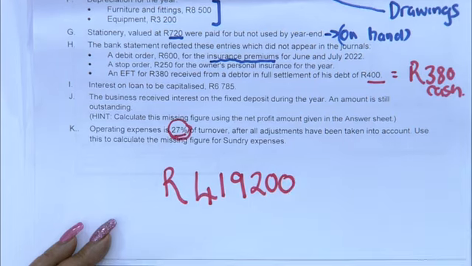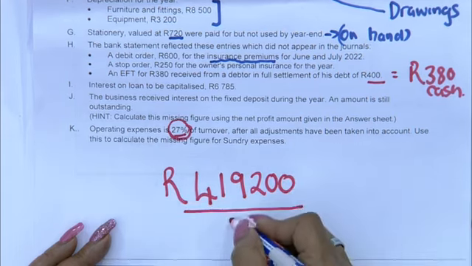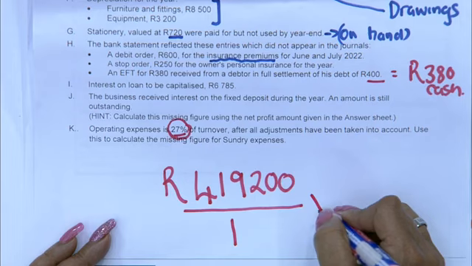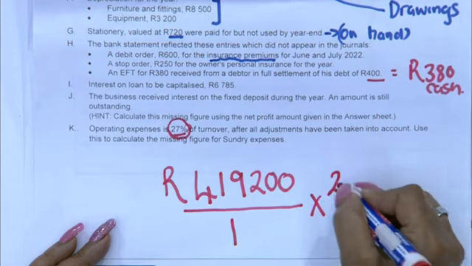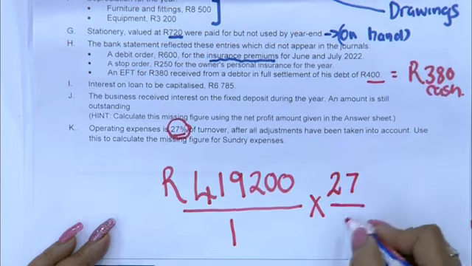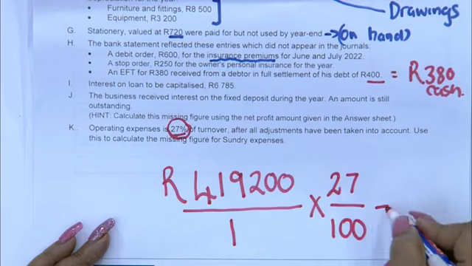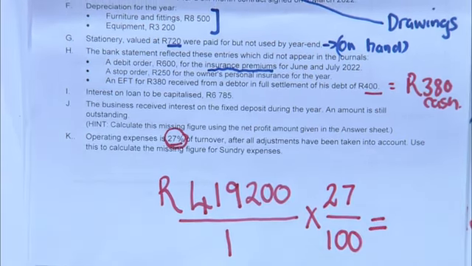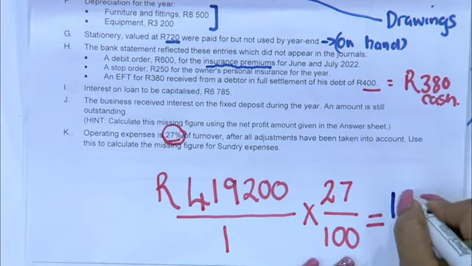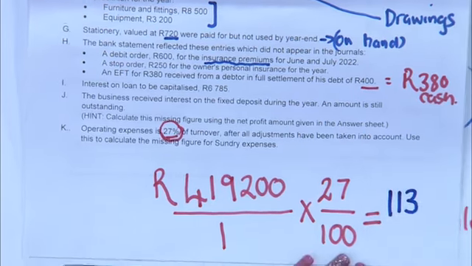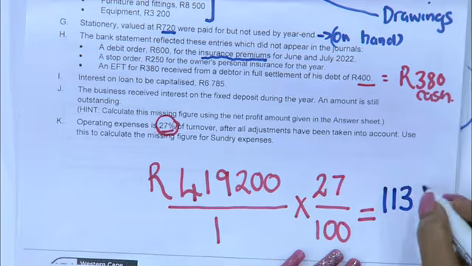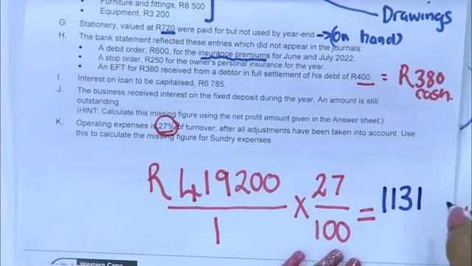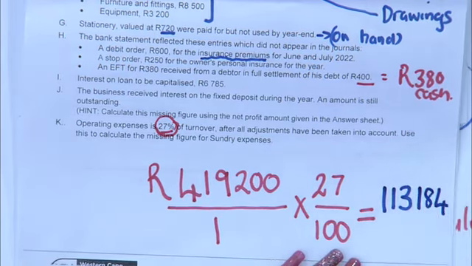419,200. I'm going to put that over 1, multiply that with 27 over 100, and I will come to a figure of 113,184.